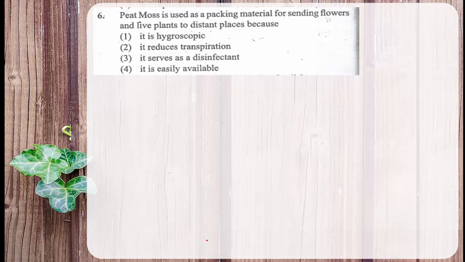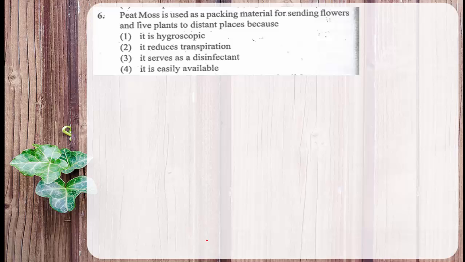Peat moss is used as packing material for sending flowers and live plants to distant places because what? Peat moss is nothing but a product of sphagnum, and it is very popularly used as packaging material.